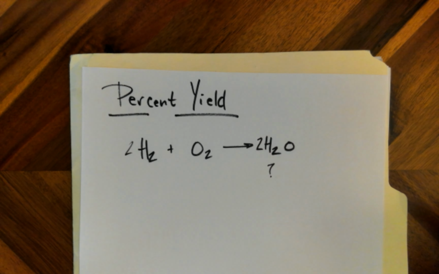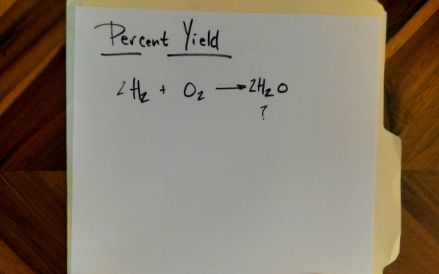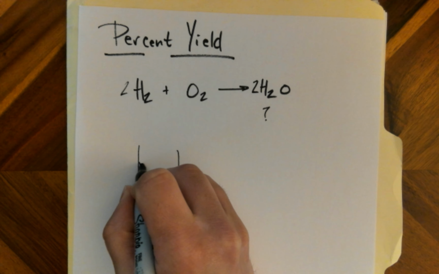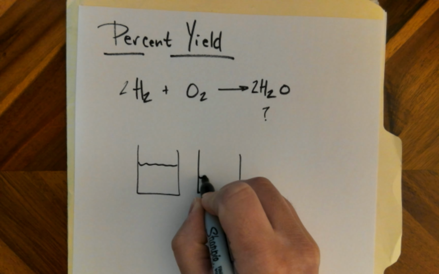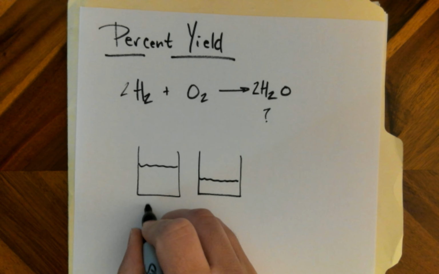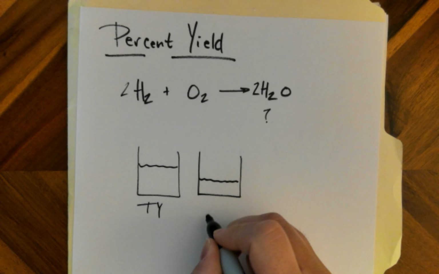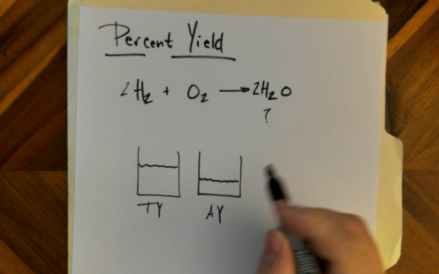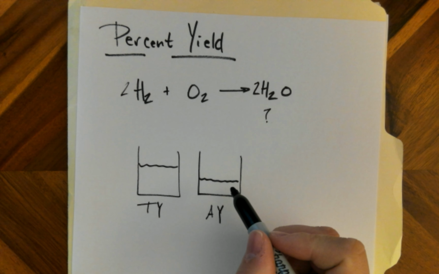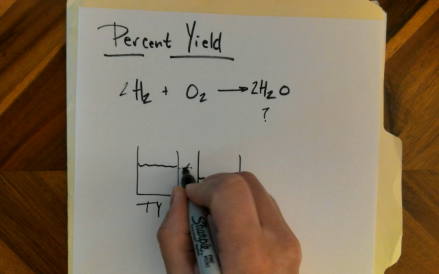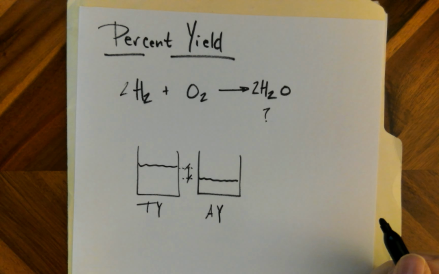Today the question is, what actually happens when someone runs this reaction in a real lab? And we can think about it this way. If we have two containers that represent the theoretical yield, what we ought to be getting through our calculations, and our actual yield, what we got by doing the reaction, how do we identify effectively this gap here, the distance between what we got and what we should have gotten?